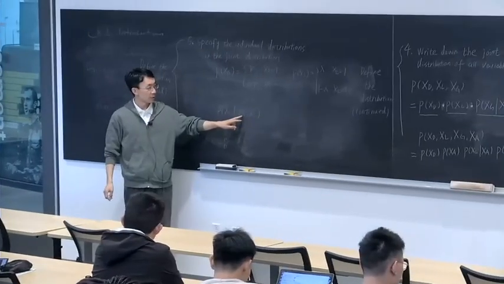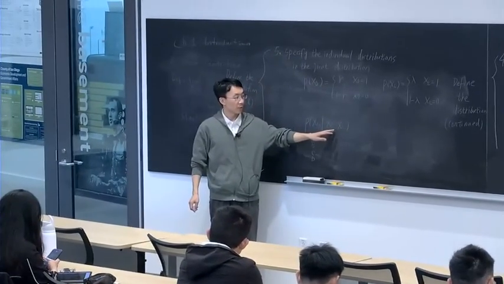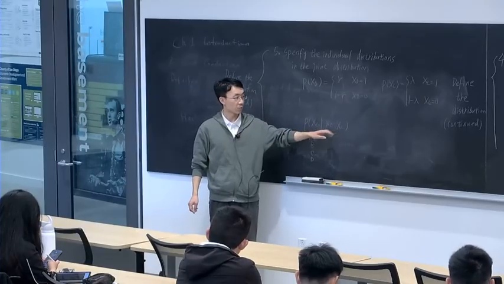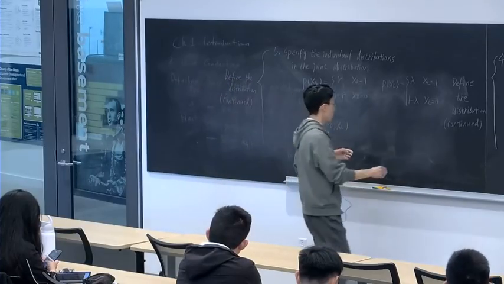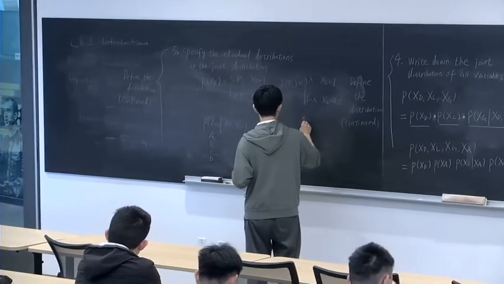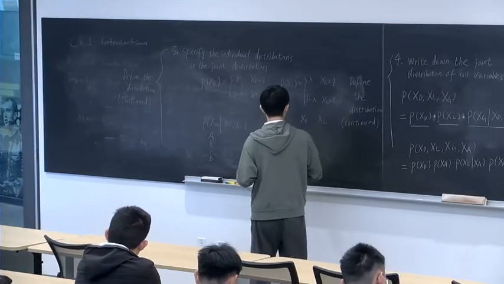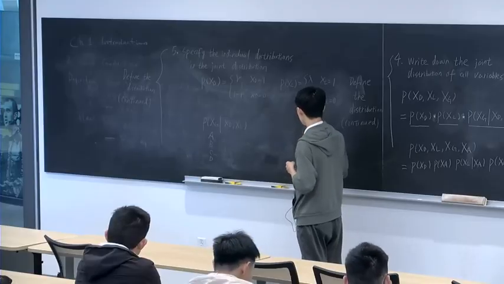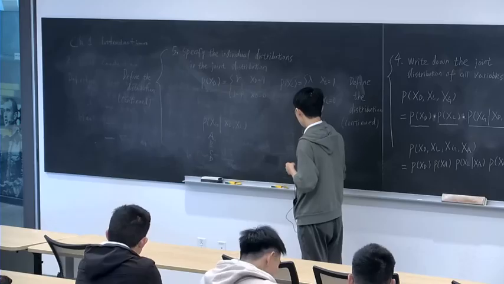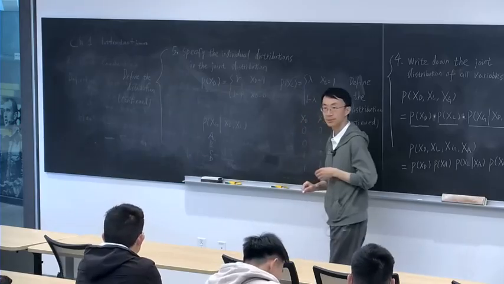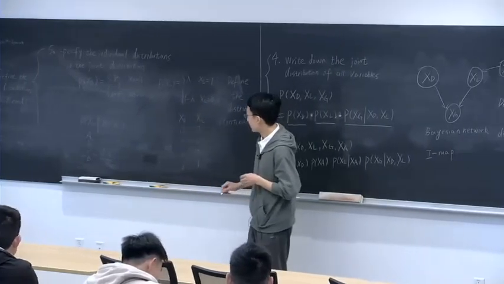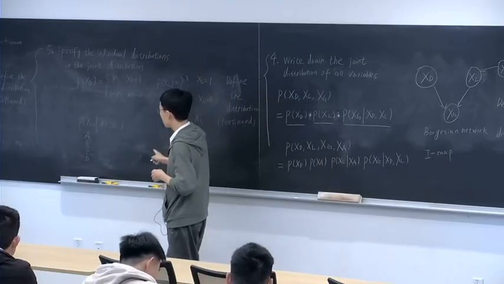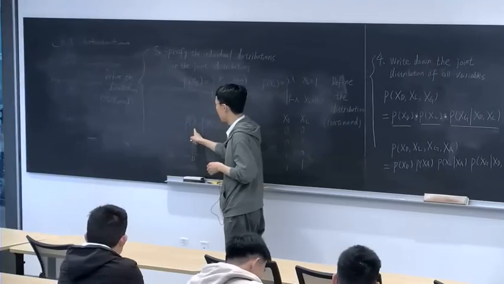So for xd and xl, we need to enumerate all the possible values for these two variables. Since they are binary, their values could be (0,0), (0,1), (1,0), and (1,1). Under each configuration, we need to define this probability over xg.